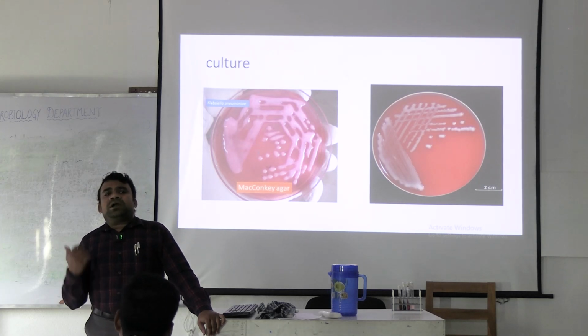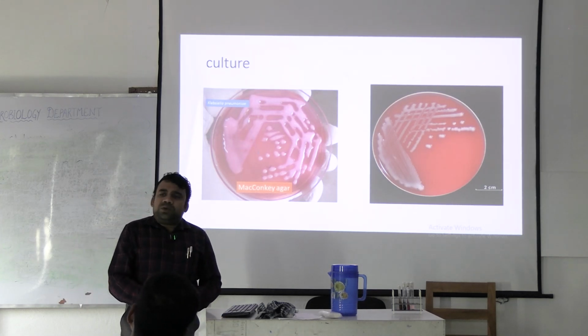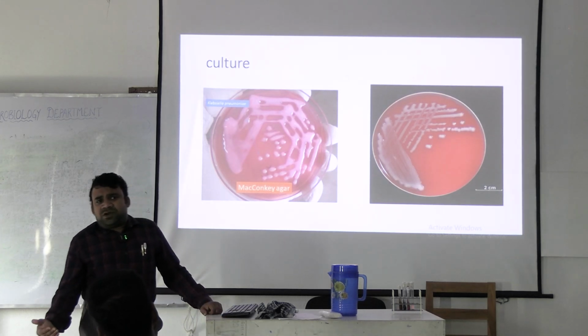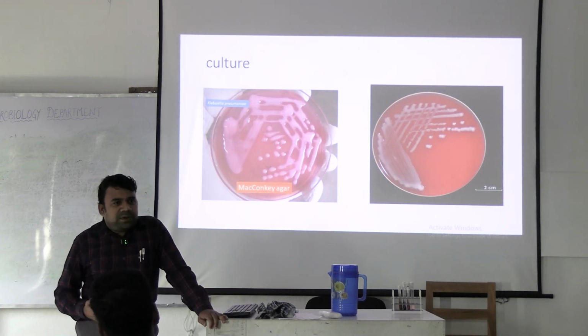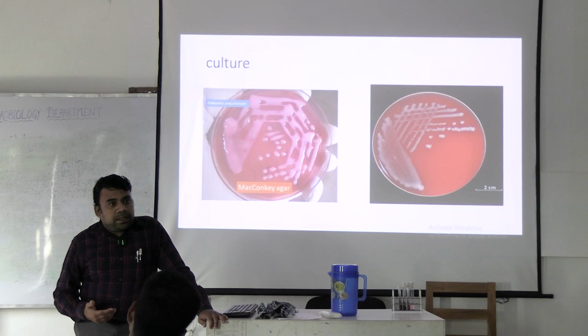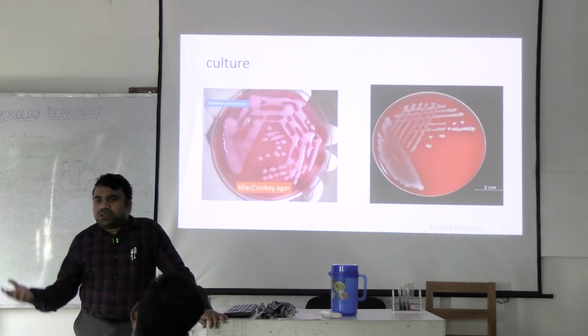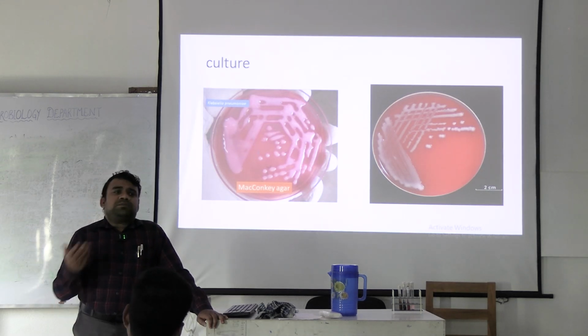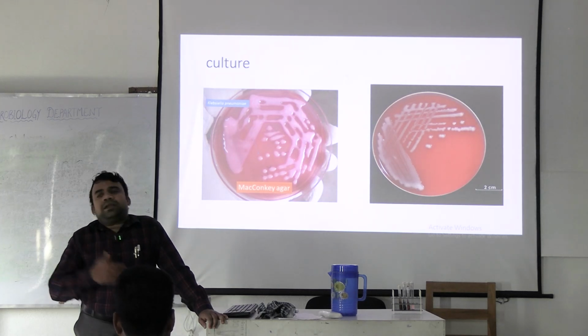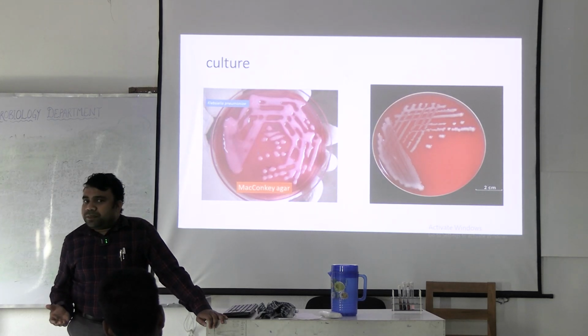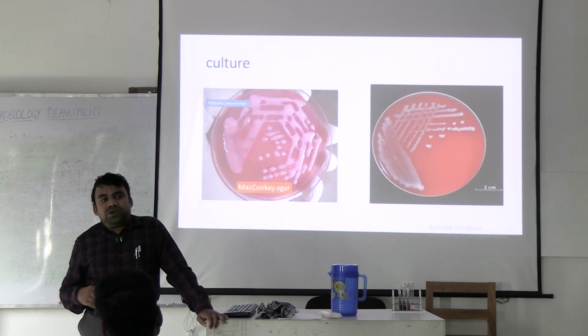Suppose you have observed a gram negative bacilli, then what will you say? This given organism is a gram negative bacilli. It is a lactose fermenting organism, right? Then we need to differentiate between the common organisms. For example, the same feature will be seen also in case of E. coli and in case of Klebsiella, right? So how can we differentiate?